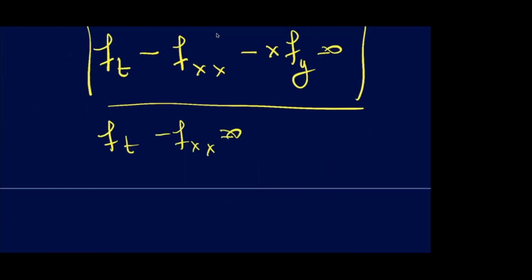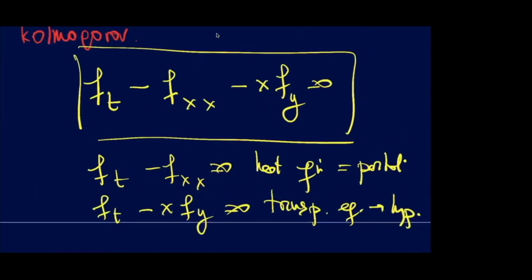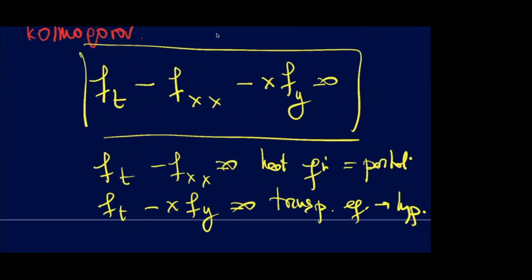So this is the heat equation. This is parabolic, right? But then when you look at this other term, this is like a transport equation. And this is hyperbolic, right? And then Kolmogorov was analyzing this equation, and he found something surprising.